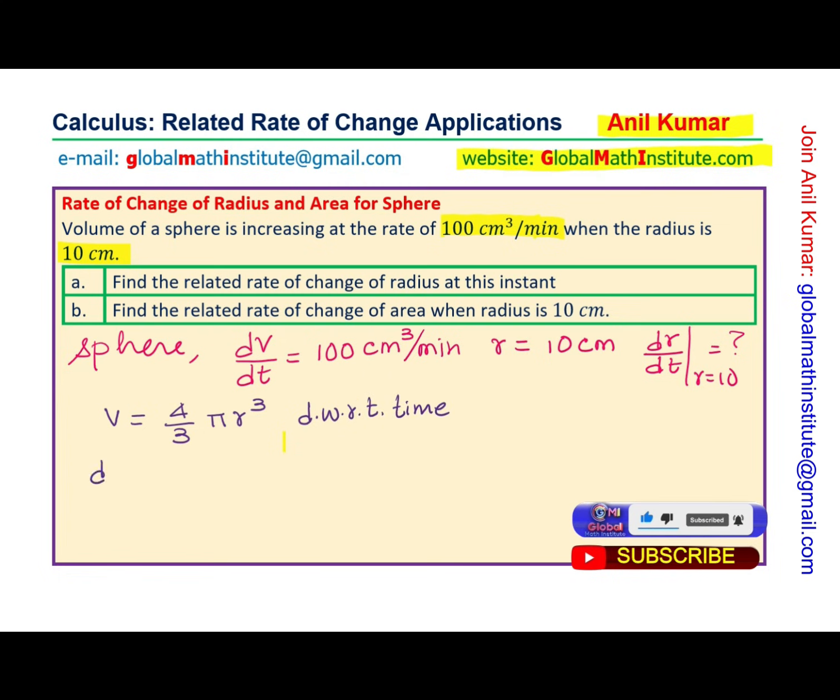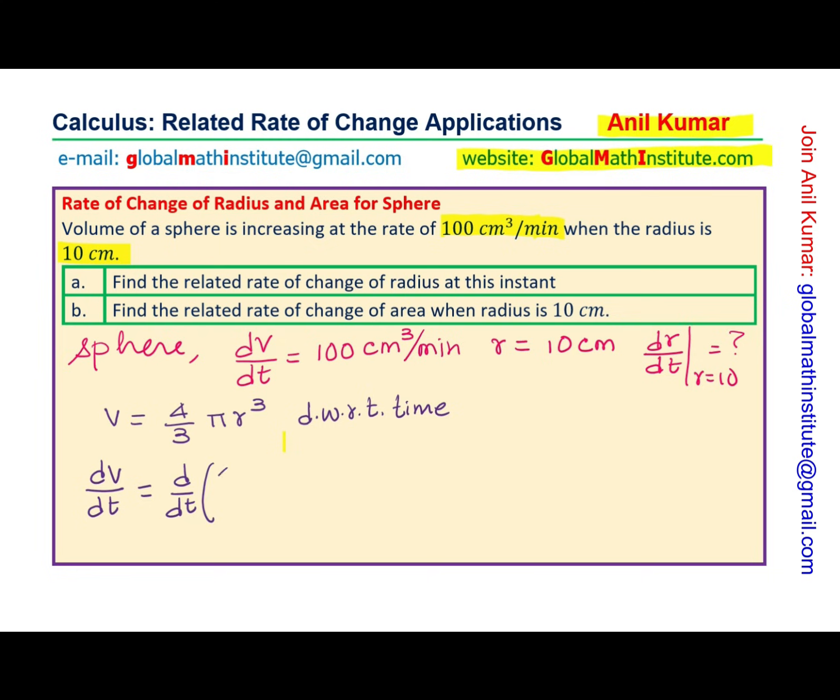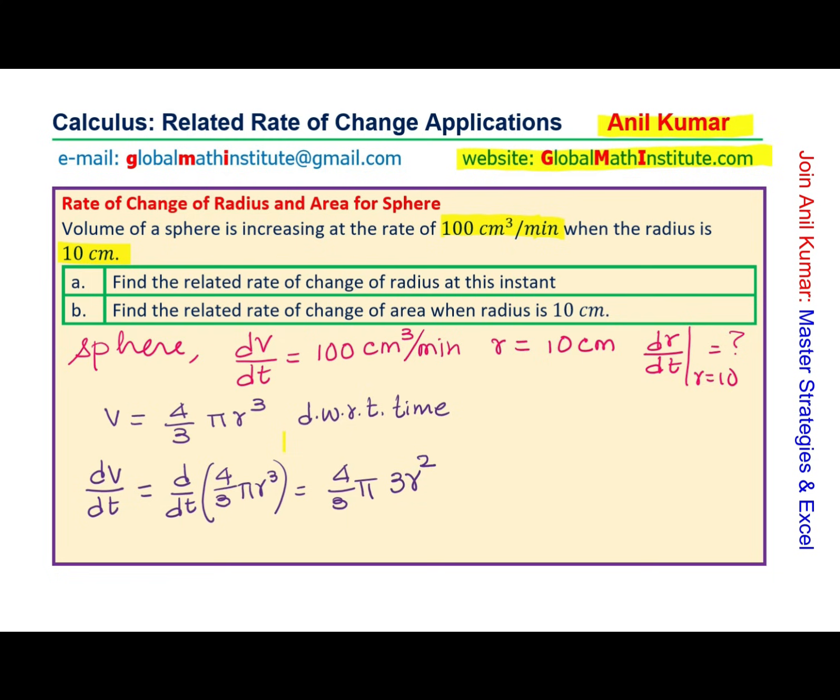So we get dV/dt equals d/dt of 4 by 3 pi r cube, which is 4 by 3 pi is a constant, r cube, apply the power rule. So we get 3 times r square. But r is a function of time, so we should be writing here dr/dt. So that is the implicit differentiation which we have just done.